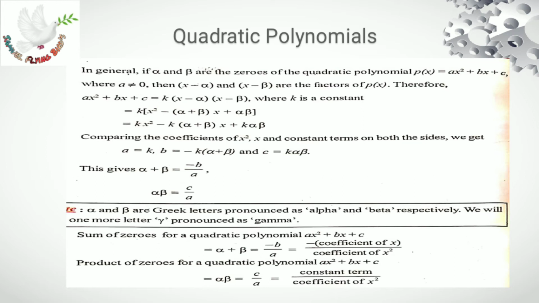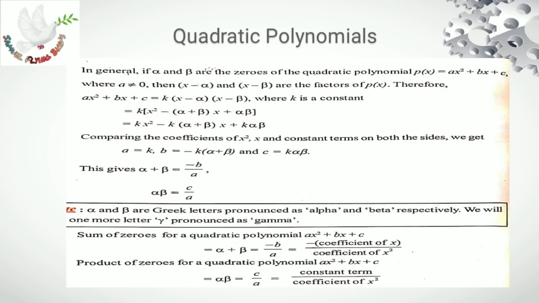Here minus b by a is minus coefficient of x by coefficient of x square. This is the sum of zeros of a quadratic polynomial.